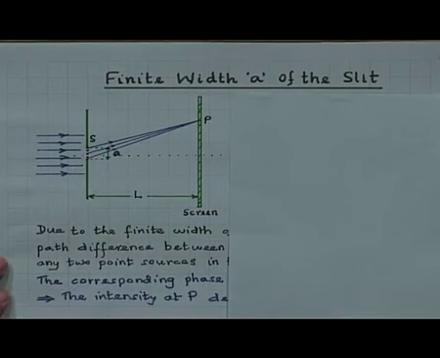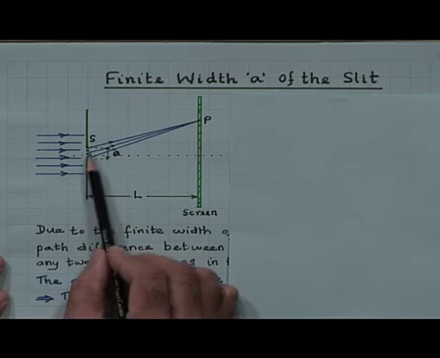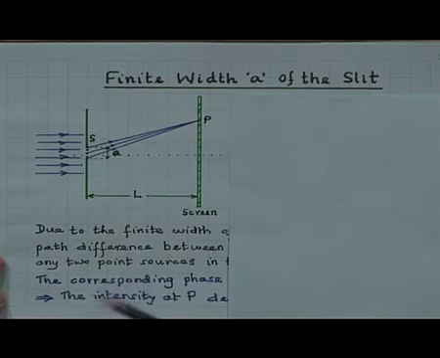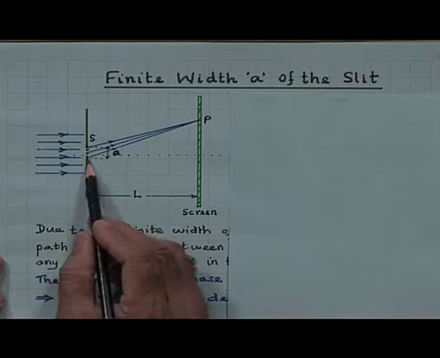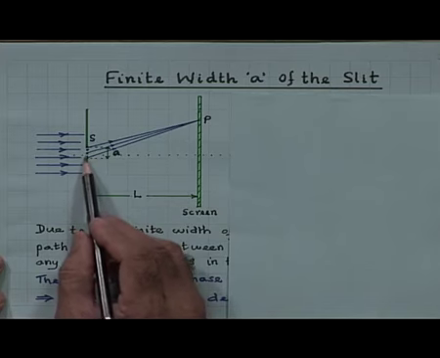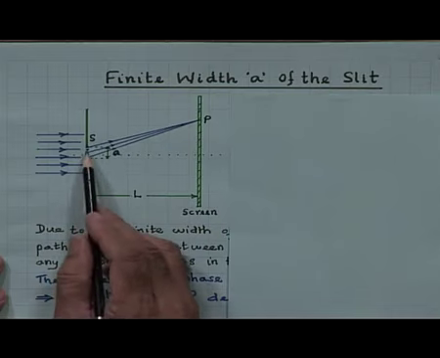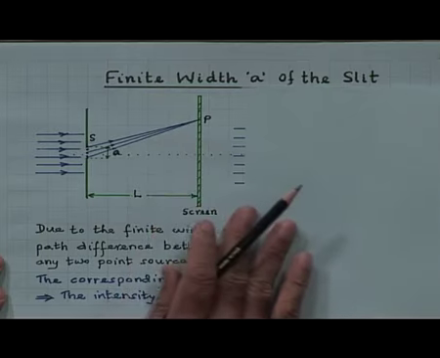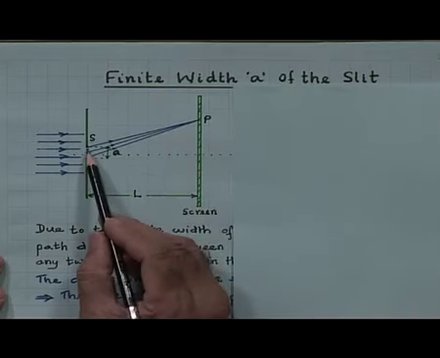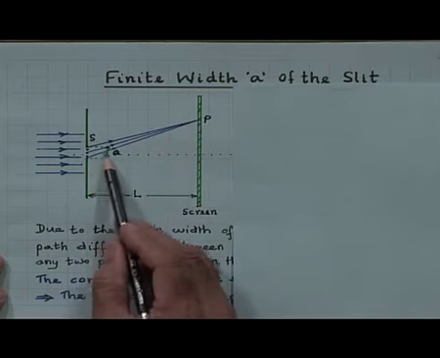If you look at one of the slits, there is a finite width of the source here, which means the secondary sourcelets, the point sources of the secondary wavelets which emanate from this slit, have a finite path difference at P. At the point P, this path difference is smaller compared to this distance.